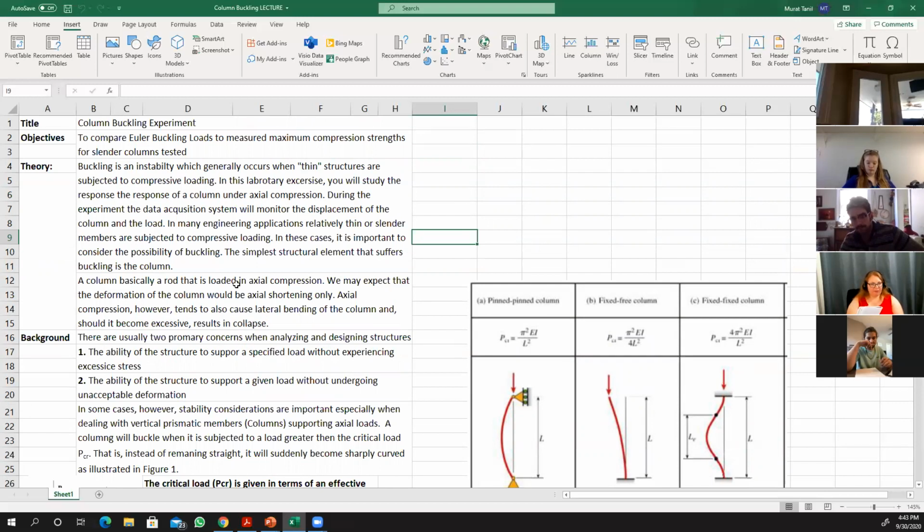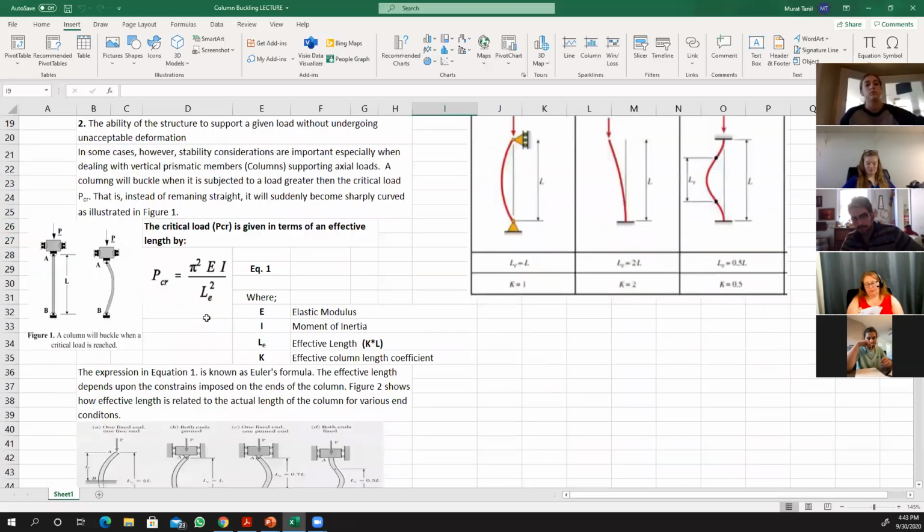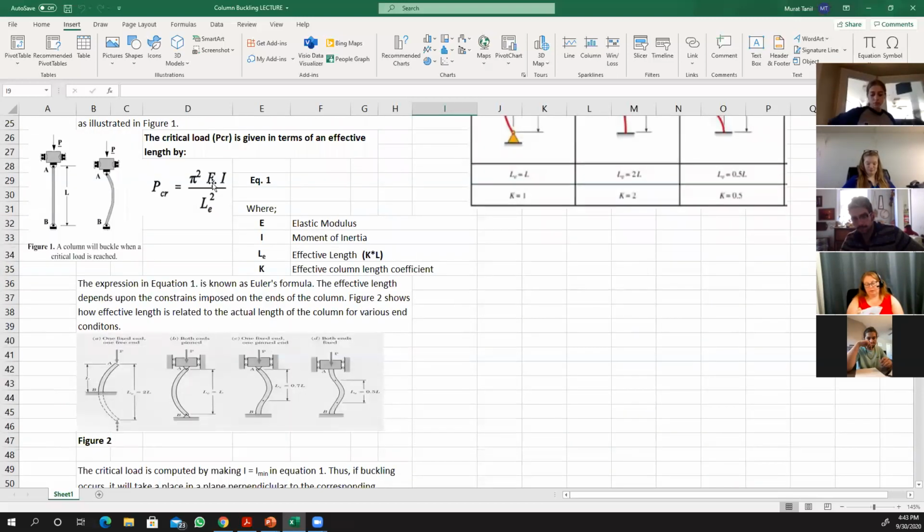There are 3 or 4 things to consider when you are designing a column. A column can be a concrete column, a steel column, or aluminum, whatever the material you are using. One important thing is the E value, the elastic modulus.